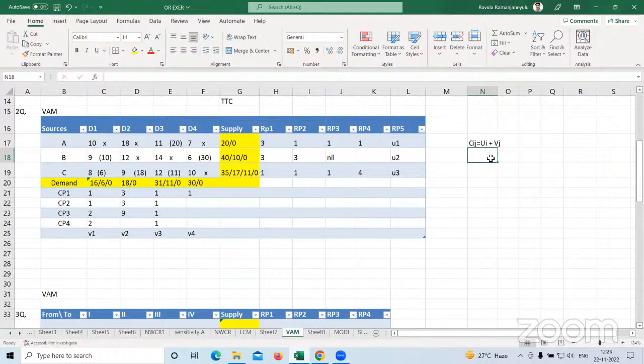If any unoccupied cell gives a negative value, then we need further steps, because the units allocated to a particular cell are not exactly correct and need to be transferred to other cells. So first we need to find these U and V values with the occupied cells.